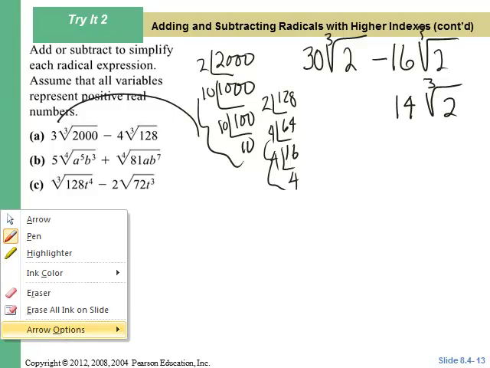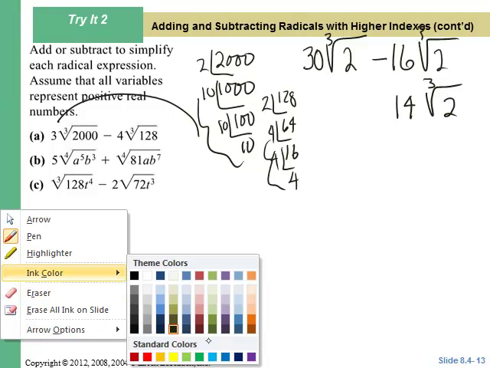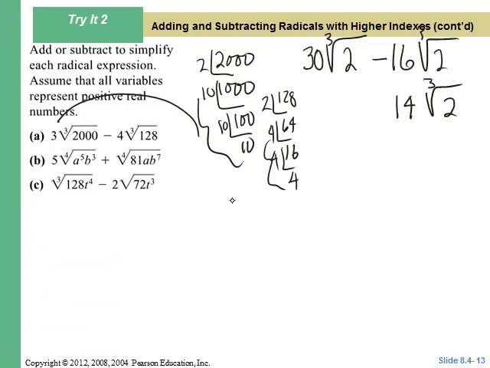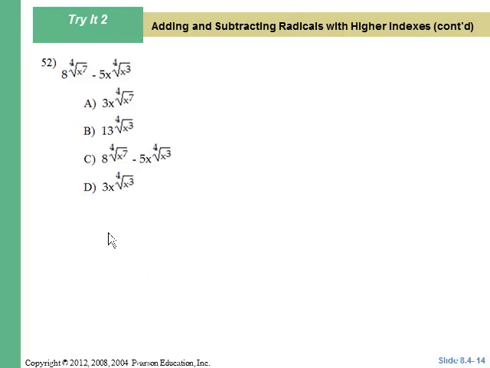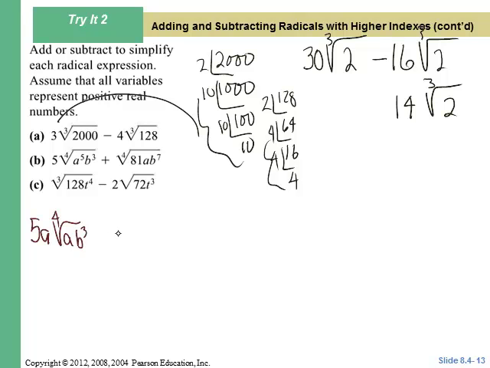For letter B, I'm going to go to this one. The first one is 5a fourth root. There's still an a left on the inside and a b cubed left on the inside. Plus fourth root of 81 is 3.